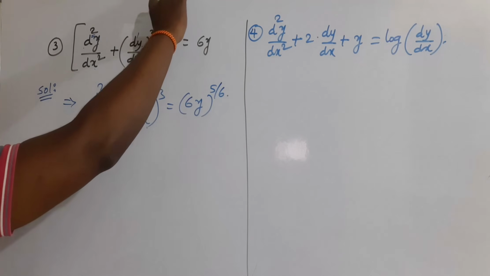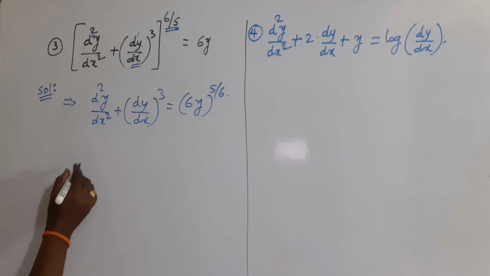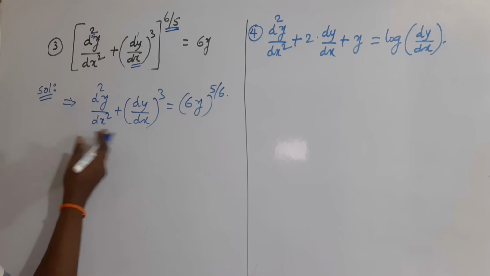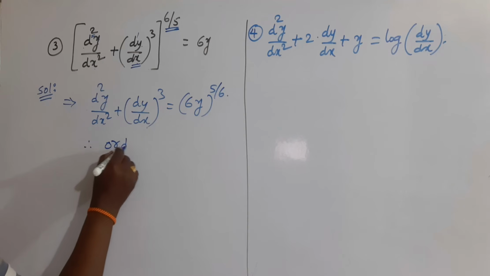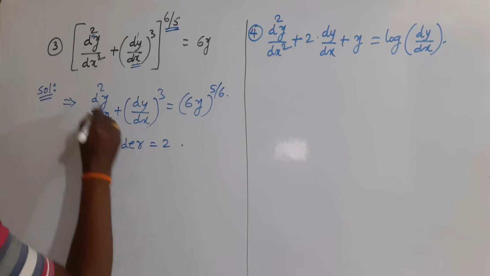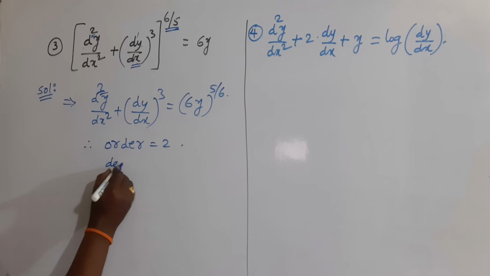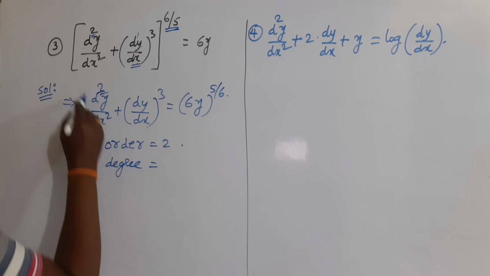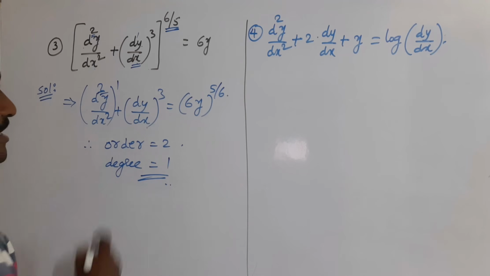I am transferring the power to this side, so you will get whole power 5 by 6. Now clearly derivatives are free from radicals. That's why we can easily decide the order and degree. Order is 2, which is the second derivative, the highest derivative, and what is degree? Power of highest derivative, which is 1. So order is 2 and degree is 1.